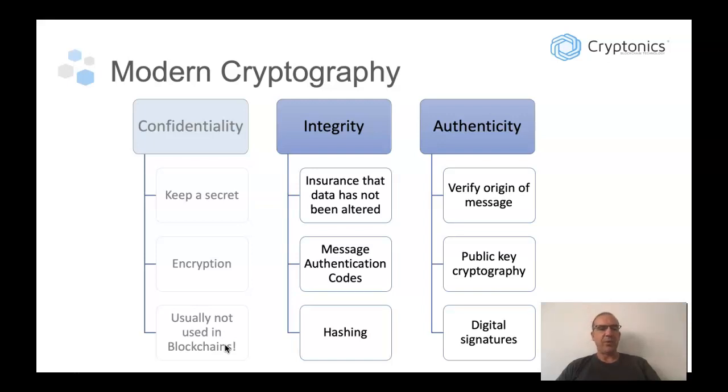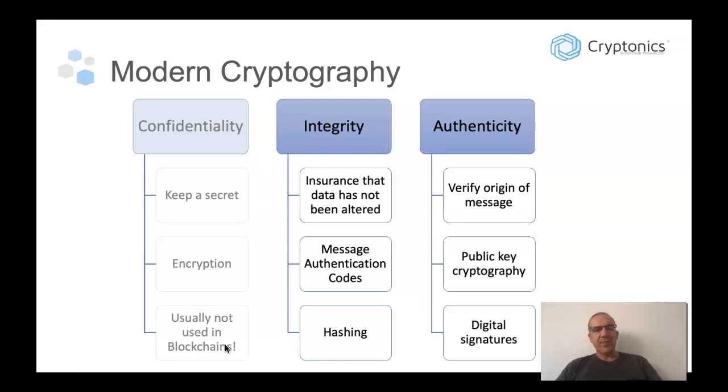That's encryption and decryption, basically transforming a plain text into a ciphertext and transmitting it securely over an unsecure link. Now, that's the type of cryptography that is usually not used in blockchains. The other two properties are more important for us in this course, and that's integrity and authenticity.